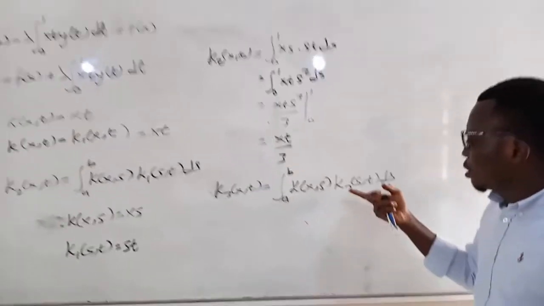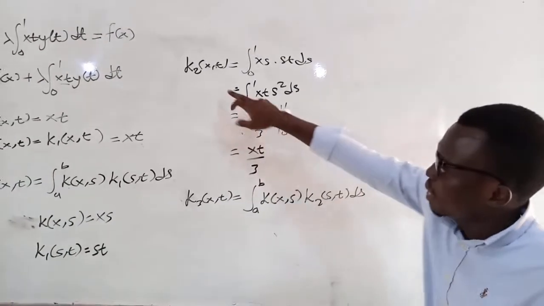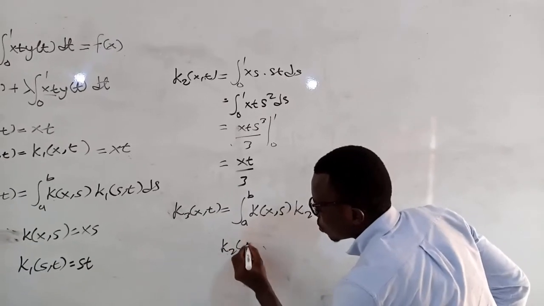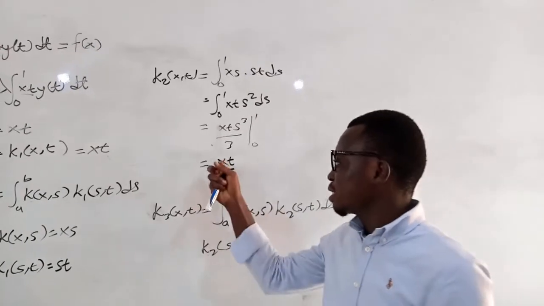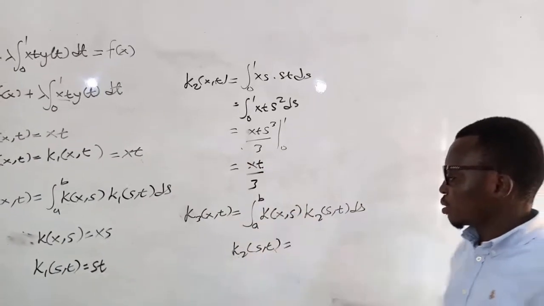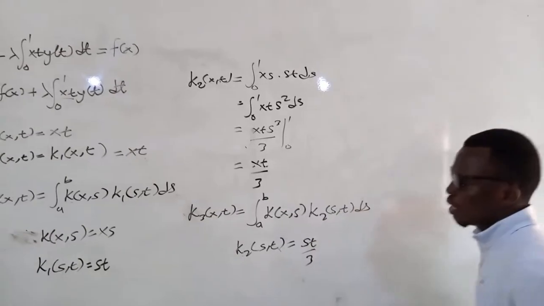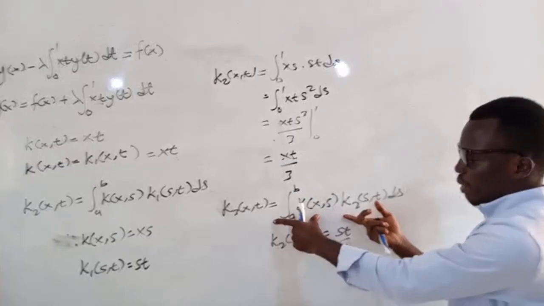And we need to interchange the x to s in this K2 of st. So K2 of st will be the same as st divided by 3. And you have to substitute these two equations into K3.